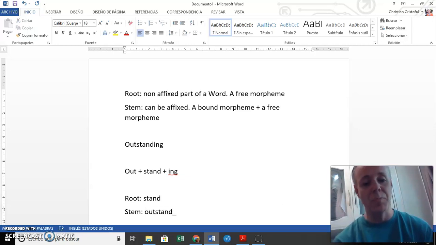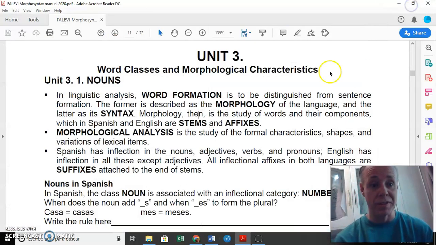Outstand plus whatever other suffix you can add, s or ed, or, well, not in this case ed because it's an irregular one, but no, outstanding is not even a verb. Okay, anyway, outstanding and an ing form. So I hope this is clear. So it's a prefix out plus the root stand. This is the stem. Okay, so I think I answered your question.